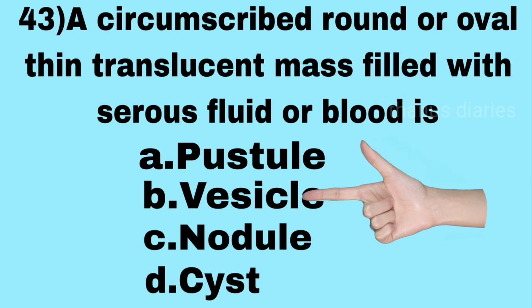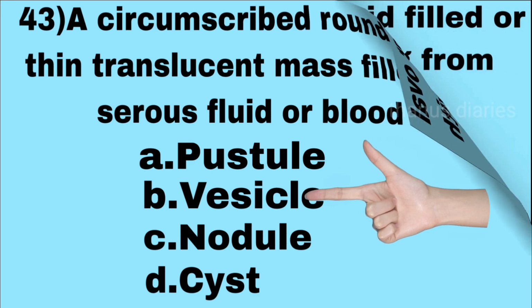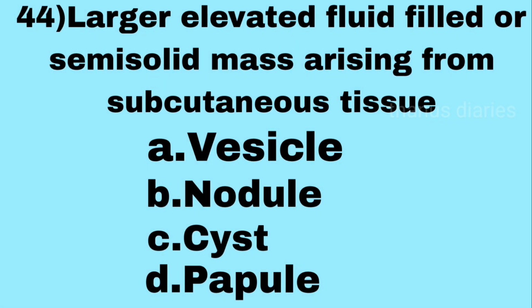It's known as vesicle. A larger elevated fluid-filled or semi-solid mass arising from subcutaneous tissue. Options are vesicle, nodule, cyst, and papule. The answer is cyst.